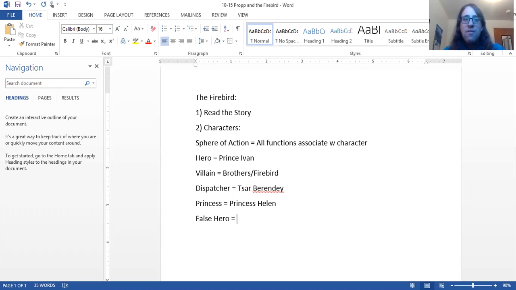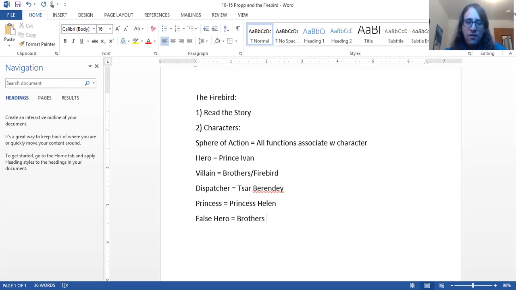And they may sometimes pretend to be the hero. And the brothers fit that category. They do all of those things. At the start, they're just kind of failing to live up to what Ivan can do, but later on, they actually do attack Ivan and try and steal his identity, steal his victory. So I think they fit very well as the false hero here.